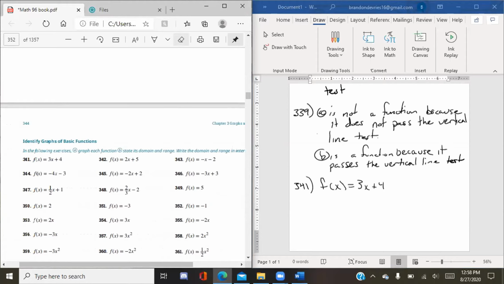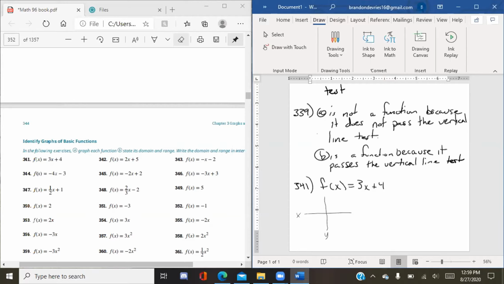So I think you would start by making a table of values with x on one side and f of x on the other, and then just start plugging in values so you can make your graph. So table of values, f of x equals 3x plus 4.